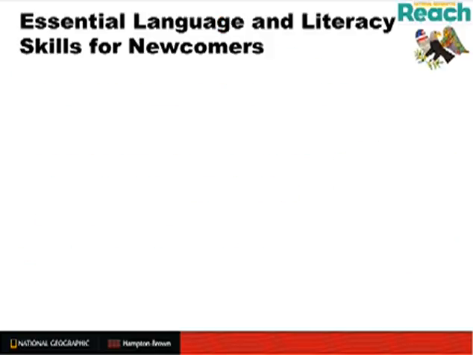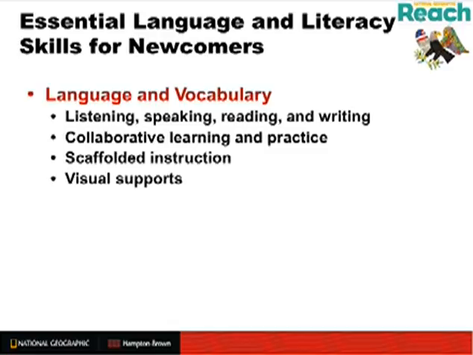In the U.S.A. includes intensive instruction in reading and writing in English for early elementary students, so students can build the literacy skills that are essential to academic success. Within the U.S.A., authentic activities engage students with rich experiences that incorporate listening, speaking, reading, and writing to build language and vocabulary skills.